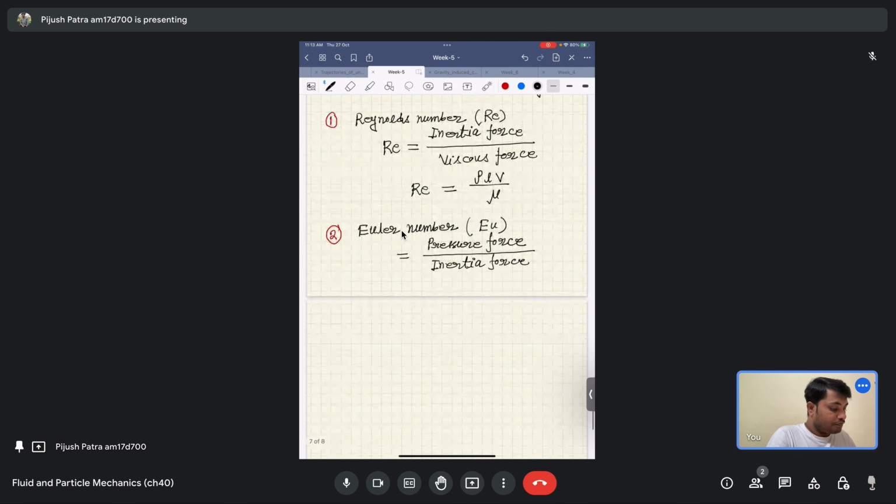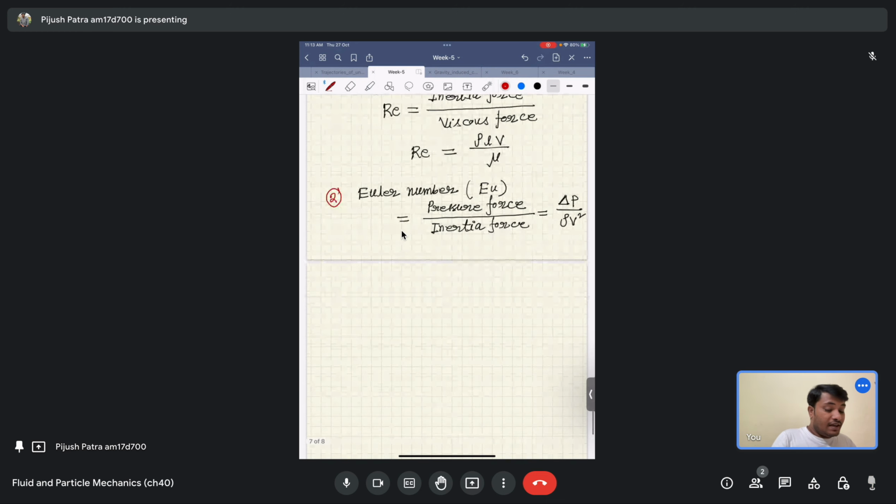In terms of symbols, it is delta P by rho V square, where delta P is the representative pressure difference, rho is the density of the fluid, and V is the velocity of the fluid.